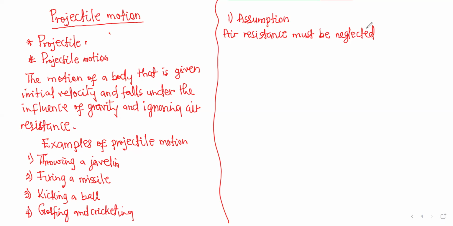Footballers will stop playing when it is raining and the field is so windy that the ball cannot be controlled. Military personnel during battle will not fire a missile when it is windy, because they cannot hit their target. So this is a key assumption that must be considered in projectile motion.